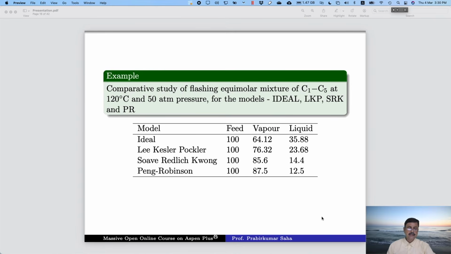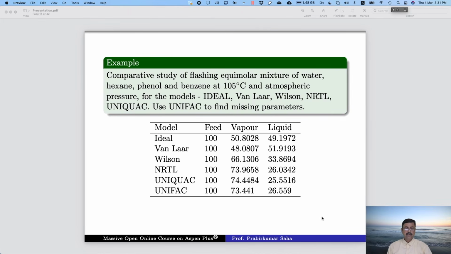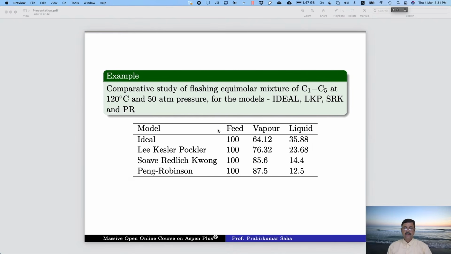Now this is another example of similar nature that we had done a few minutes back. The same kind of example is given. So comparative study of flashing equimolar mixture of C1 to C5, that is methane, ethane, propane, butane and pentane.